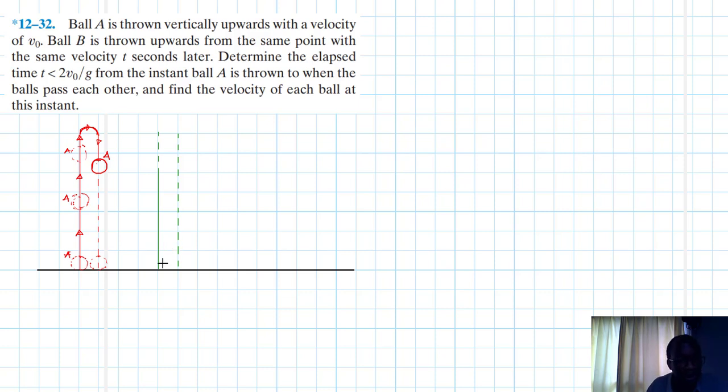So let's say we have another ball also thrown at the same velocity, but after t time. So we do have this ball like so. There it goes, and then we have it somewhere there.